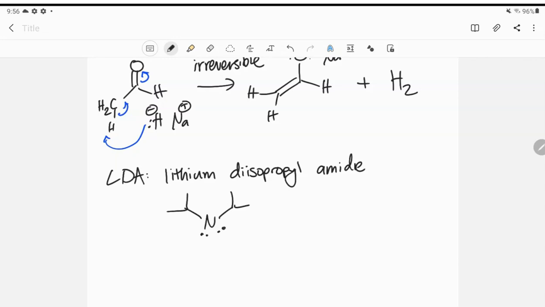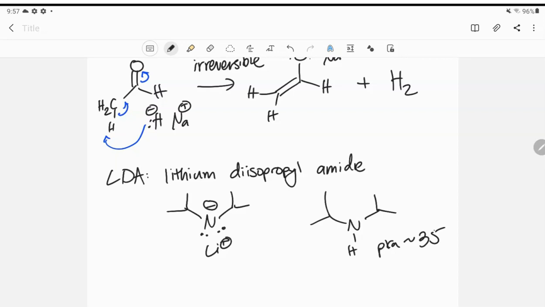We're going to have the 2 isopropyl groups here, as well as a negative charge on our nitrogen, positive charge on our lithium. This is a super strong base, just like hydride is, because the pKa of this, like most amines, is about 35.